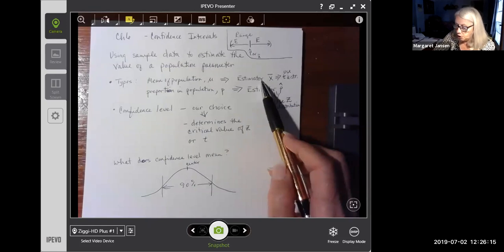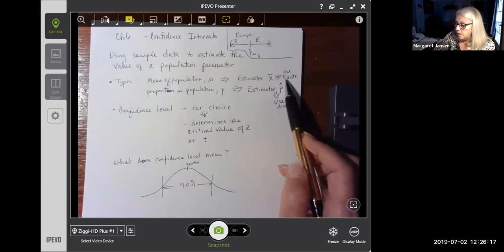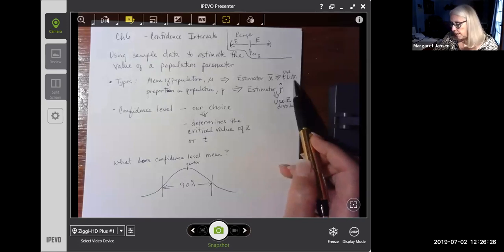It's very similar, but we need a new table to use the T distribution. And I'm not going to say a lot about the differences between the normal distribution Z and the T distribution, except to say they're both bell-shaped, but the t-distribution varies slightly in its shape when it is at low sample numbers, like numbers under 30.